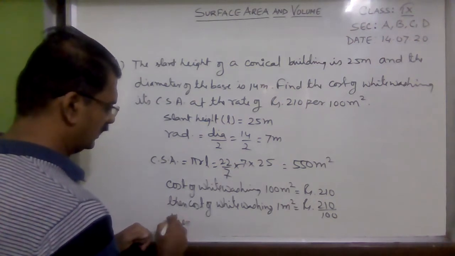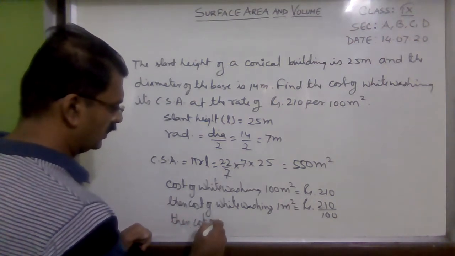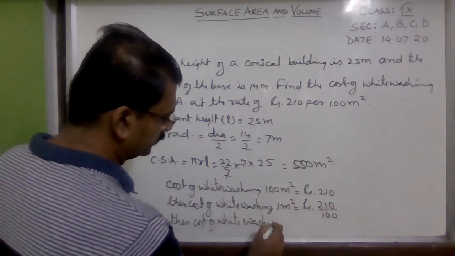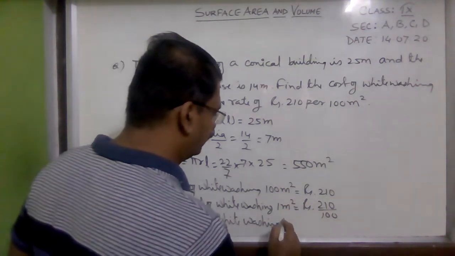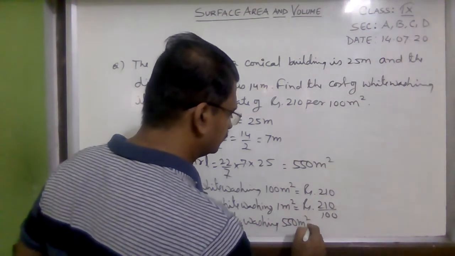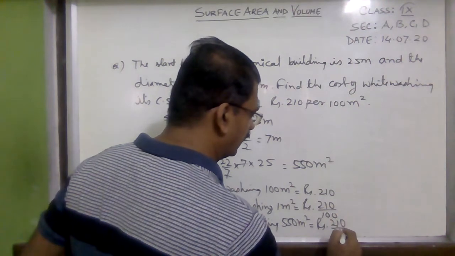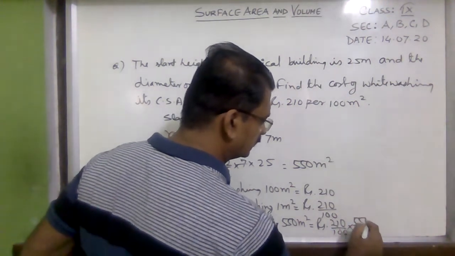Then cost of whitewashing 550 meters square is equal to rupees 210 upon 100 into 550.